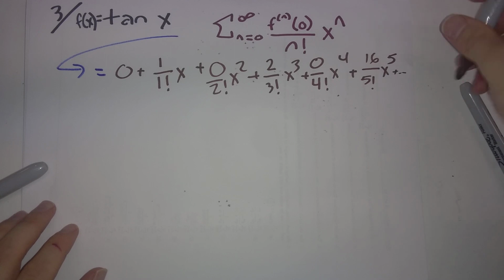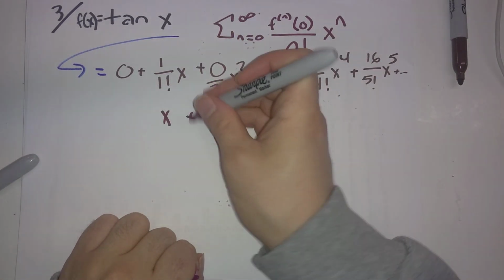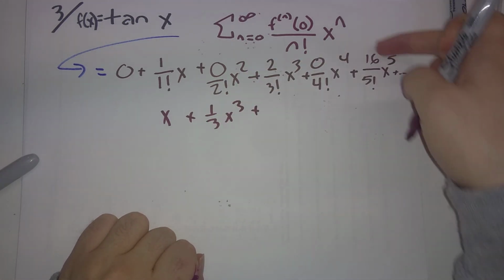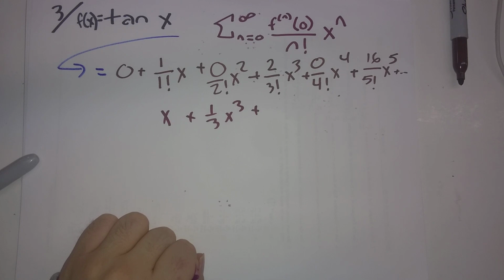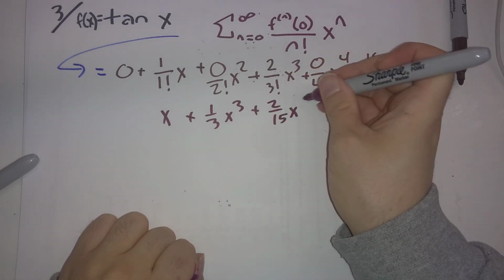If you simplify this down, you get x plus 1/3 x cubed plus 2/15 x to the 5th.